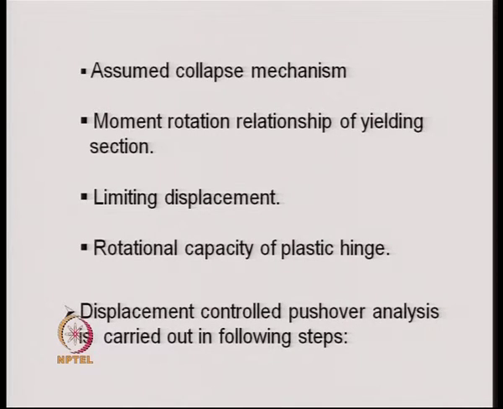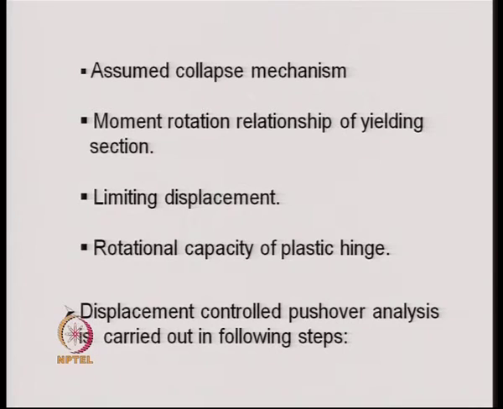Next input that is necessary is the limiting displacement. The limiting displacement may be provided so that we cut off our analysis before the complete collapse. In that case, we can give a limiting displacement which is much smaller than the displacement that takes place at the time of complete collapse.